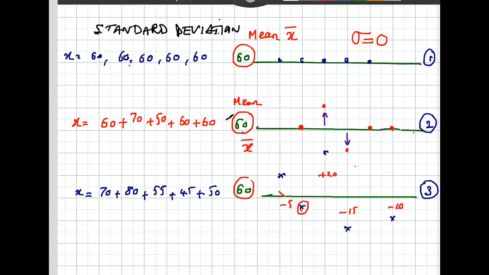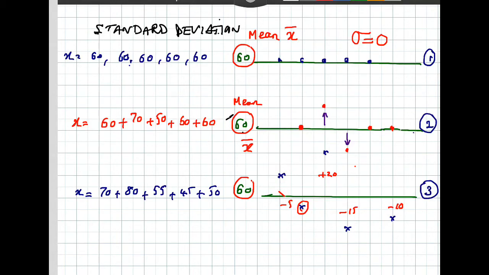They have similar or the same mean, but they do differ in terms of scattering. So the first set here doesn't have any scattering from the mean. The second set has some scattering, and the third set has much more scattering.